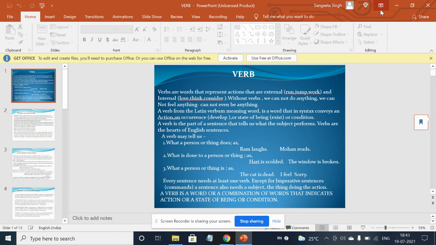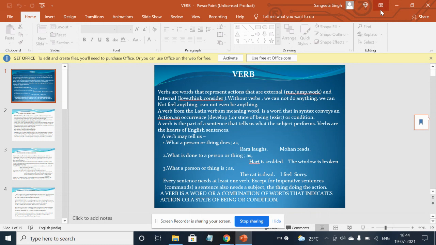Every sentence needs at least one verb, except for imperative sentences, that is commands. A sentence also needs a subject, the thing doing the action.